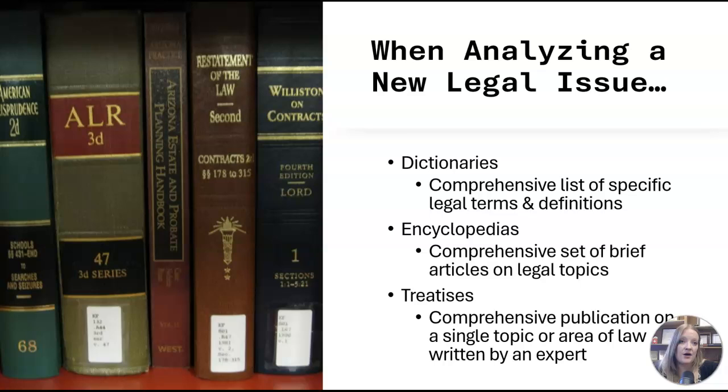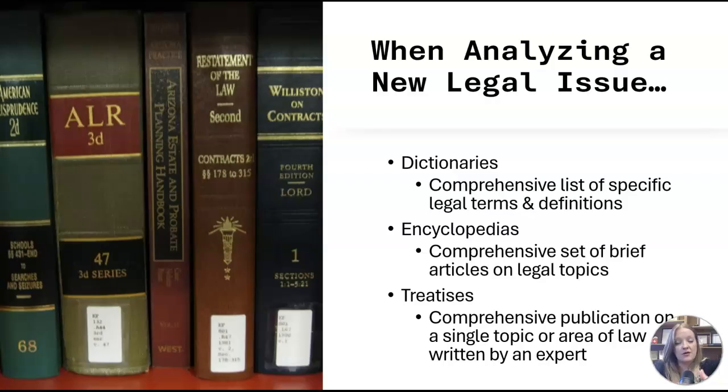So let's talk about a few different types of secondary sources, right? So dictionaries, right? You're used to using dictionaries in your past experiences personally and within your studies, right?